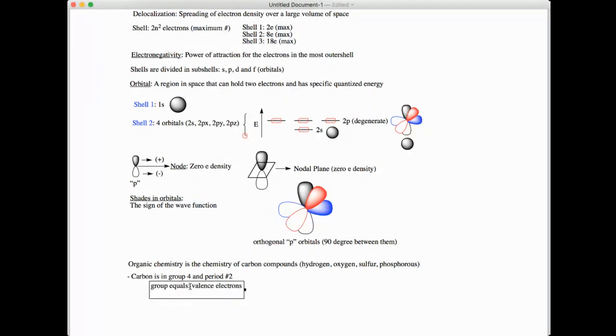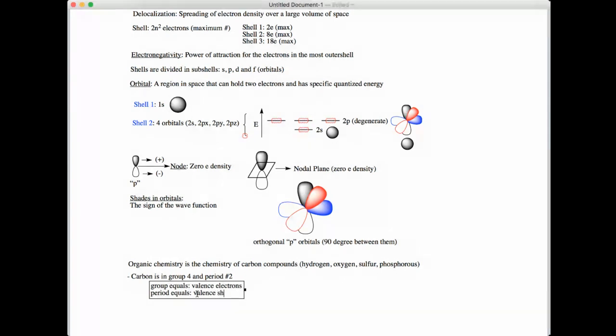And what about the row? It tells us the number of the valence shell. So one is the valence electrons, and the second one is the valence shell.